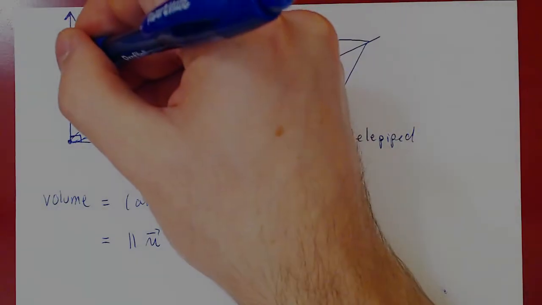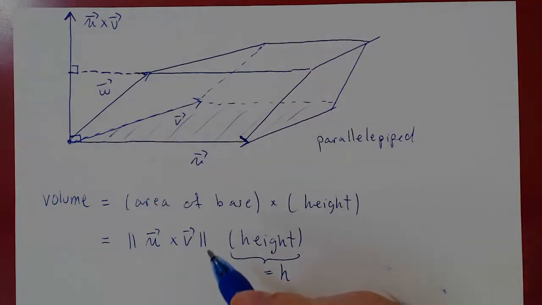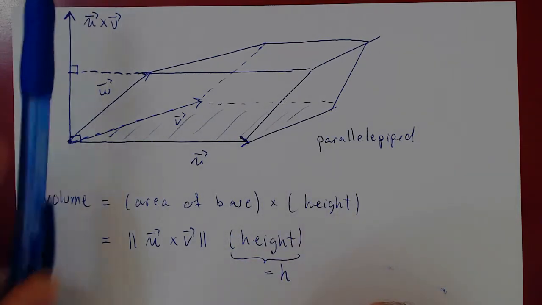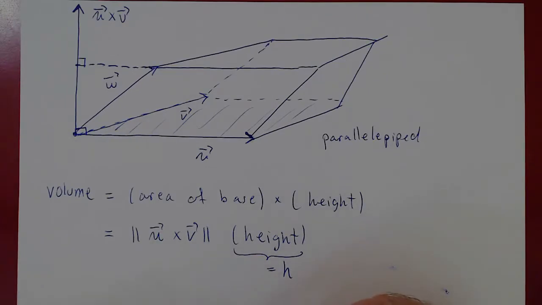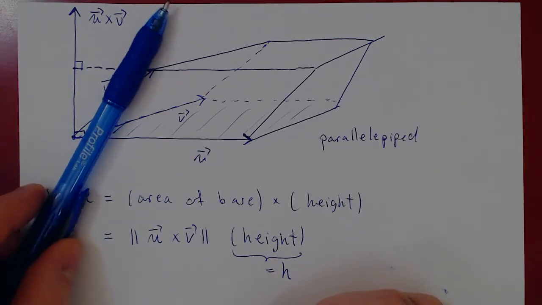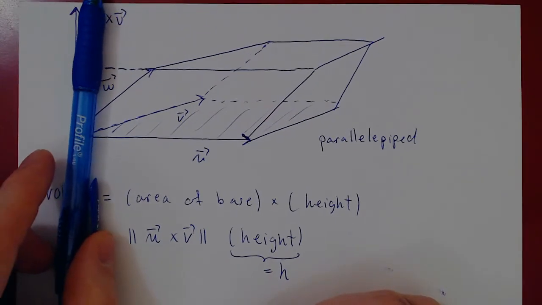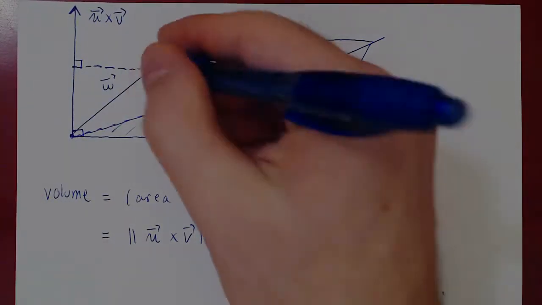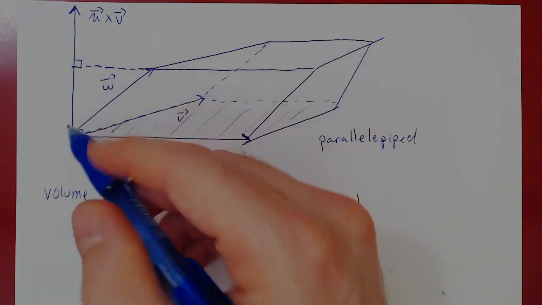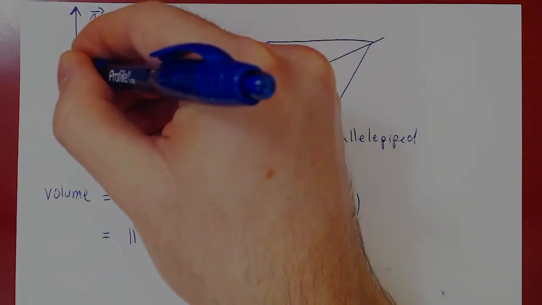Well, if you notice, this is a 90-degree angle. And recall orthogonal projections. We want u cross v to stay the same, but what if we projected vector w in a perpendicular fashion against vector u cross v? So think of pushing vector w against vector u cross v in a perpendicular fashion.